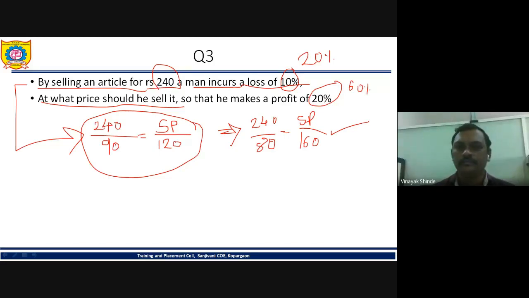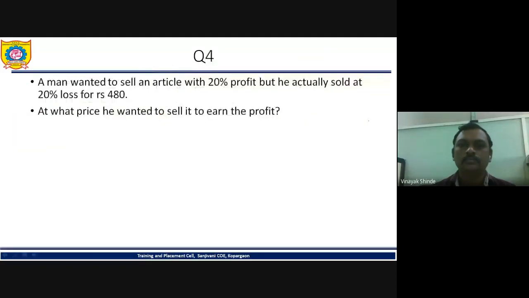Question number 4. This is again same question as the previous one, but the language of question is somewhat different. Go through the question, and I am telling you this is same as previous one. So I want answer of this question from your side and from everybody. Try the question number 4.